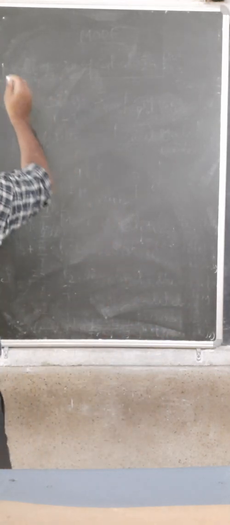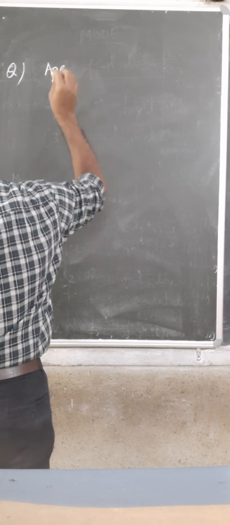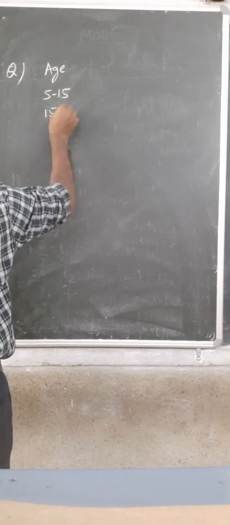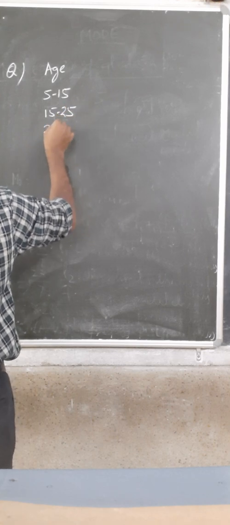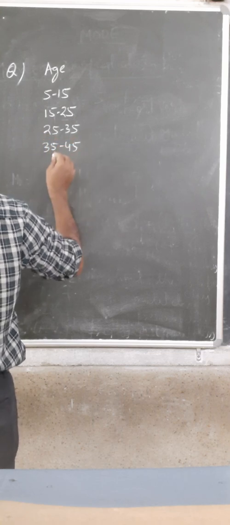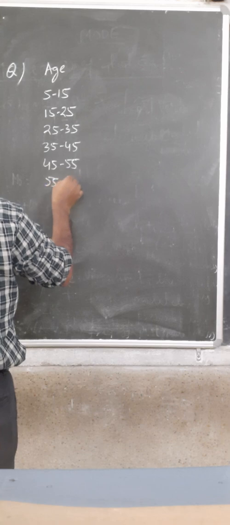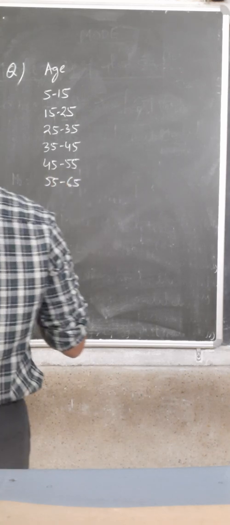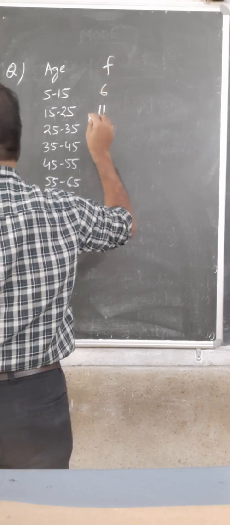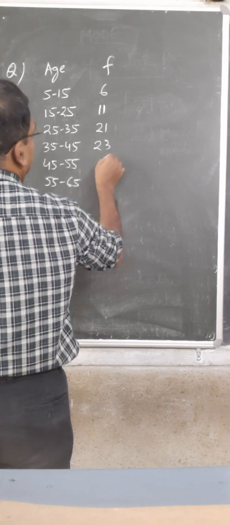Now in the next question, the age in years is 5 to 15, 15 to 25, 25 to 35, 35 to 45, 45 to 55, 55 to 65, and the frequencies are 6, 11, 21, 23, 14 and 5.